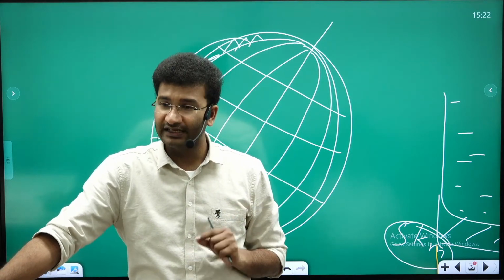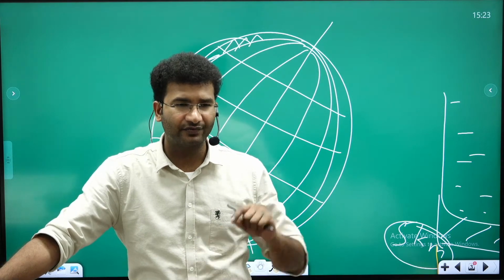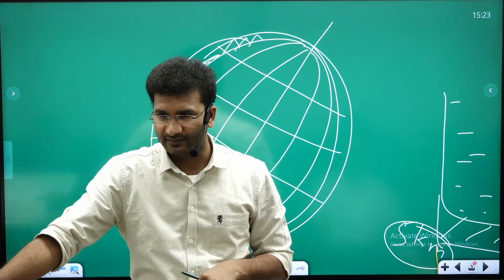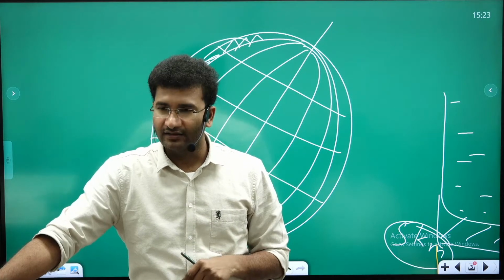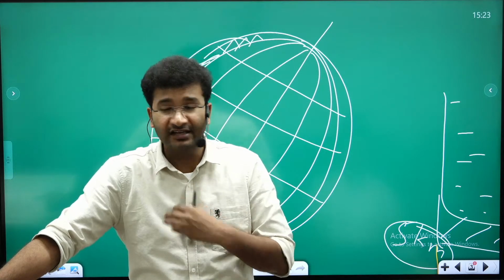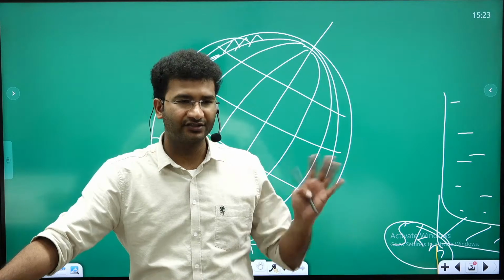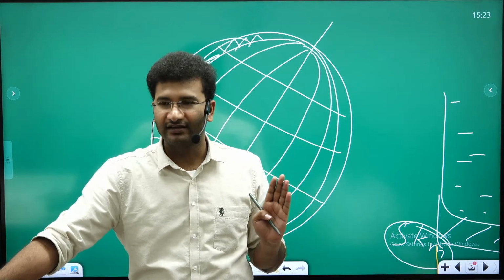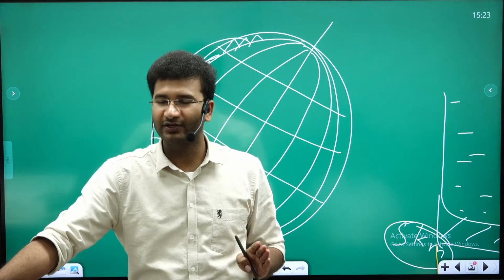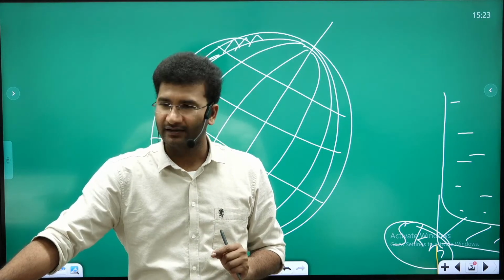Now, where is the earthquake actually generated? The earthquake generates within the interior of the earth, right? And then what does it do? It sends some kind of energy, or it releases stress. That release of stress creates shaking of the earth, and that shaking is because some waves have been sent. Okay?